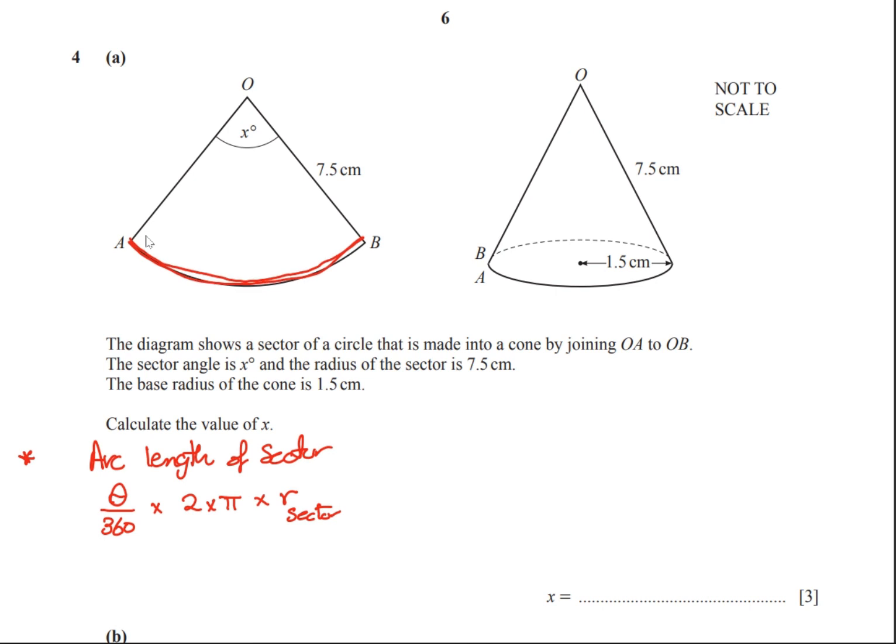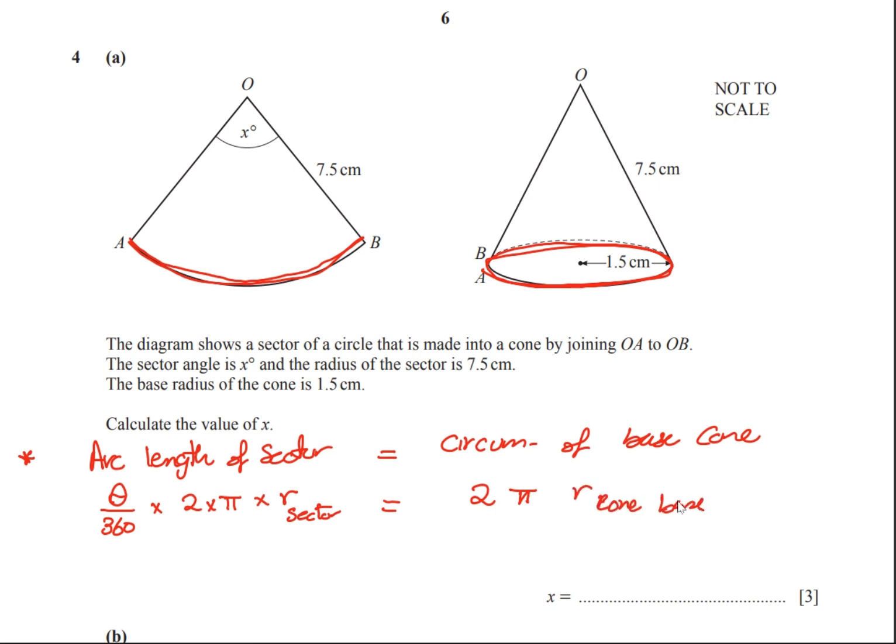When I fold this sector to make it a cone, it becomes this part. So it is equal to the circumference of the cone base as a circle, so equal 2 pi r of cone base.